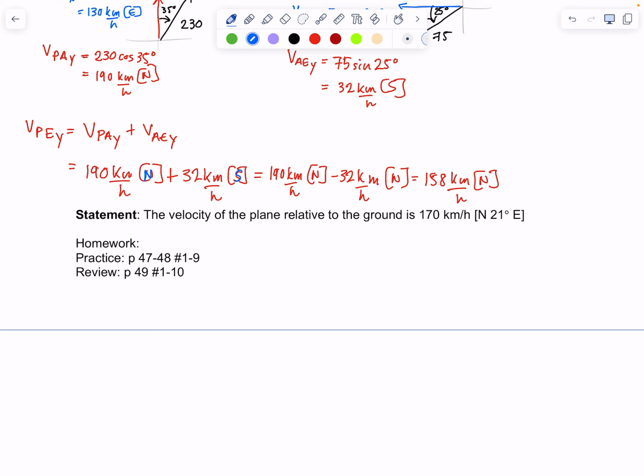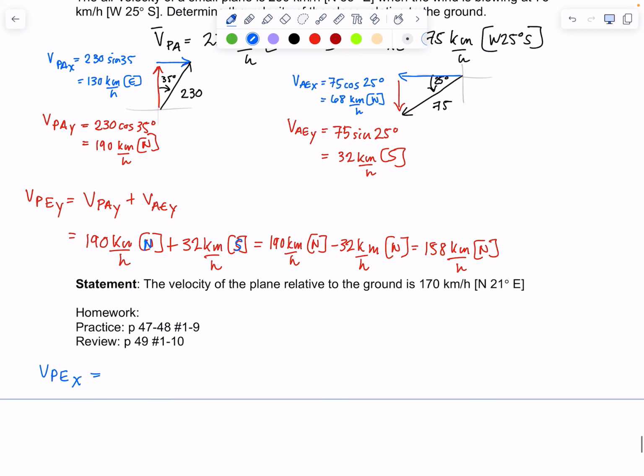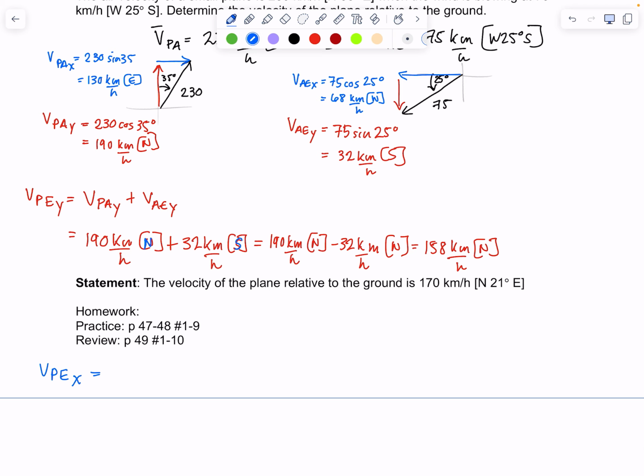Let's find the velocity of the plane relative to the Earth in the x direction by adding up the velocity of the plane relative to the air, x, plus the velocity of the air relative to the Earth, x, which is 130 kilometers per hour east plus 68 kilometers per hour west.